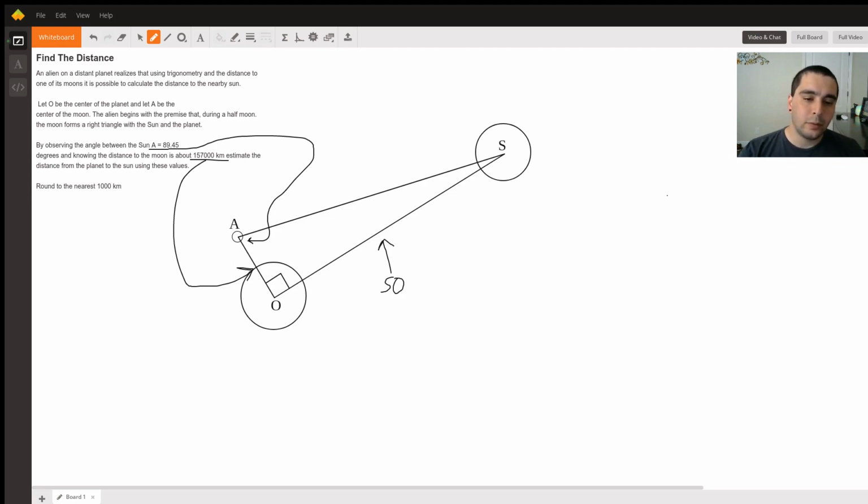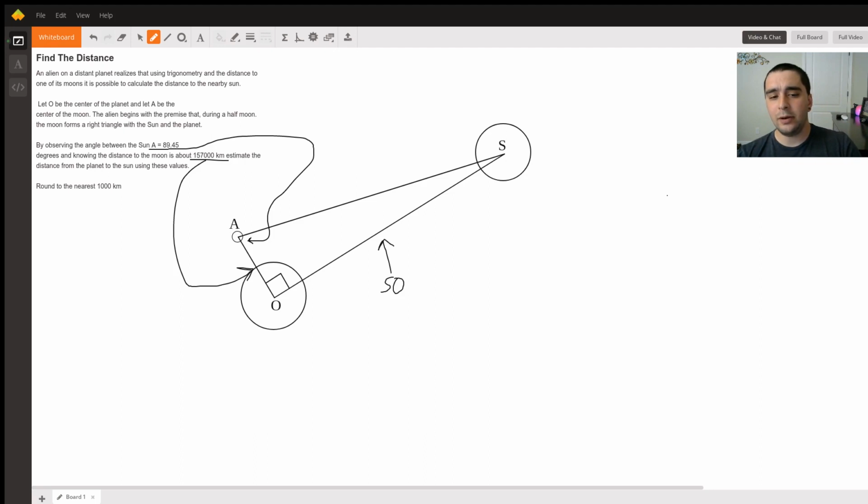So what we're going to do first is notice that we have an angle, and they didn't really give us any information. Observing the angle doesn't tell us which angle it is, but it would be clever to know that a sun is typically very, very far away from a planet, and a moon is usually very, very close.